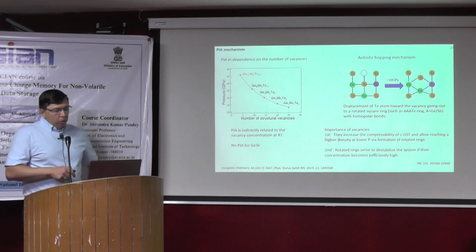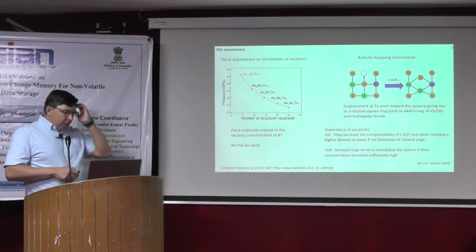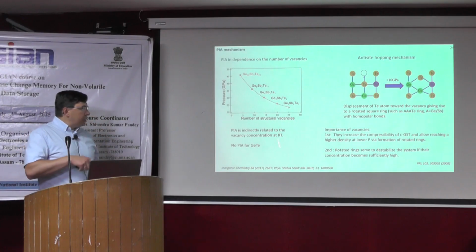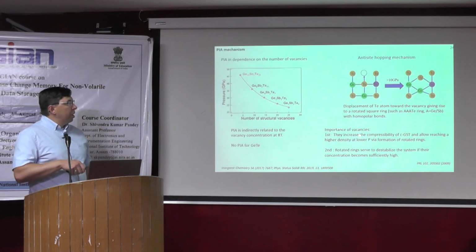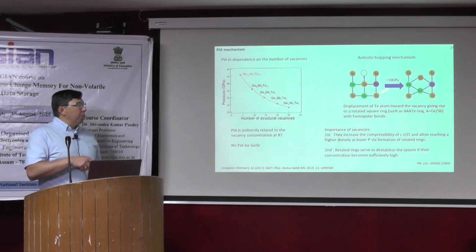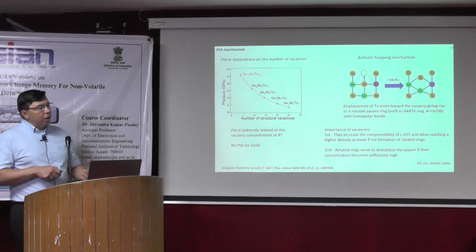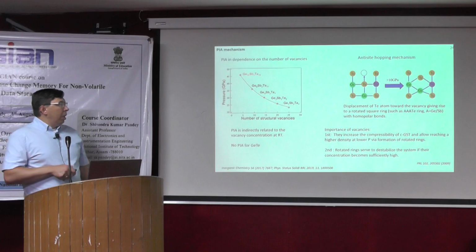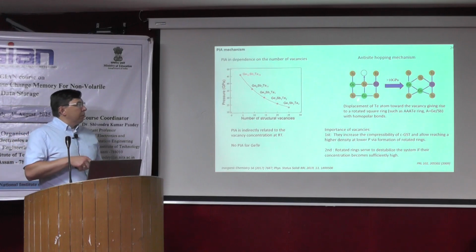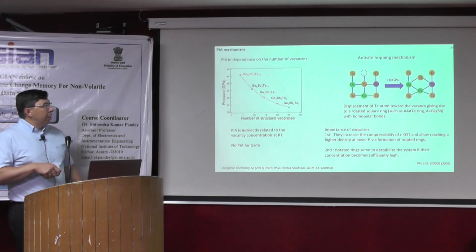And so there are two important roles of vacancies in this system. First, the vacancies increase the compressibility of the cubic GST and allow reaching a high density of the phase.